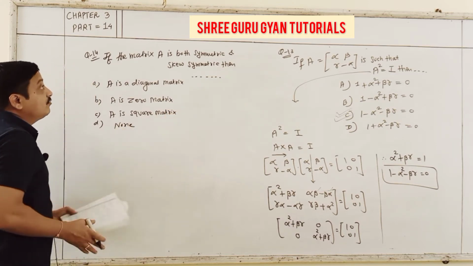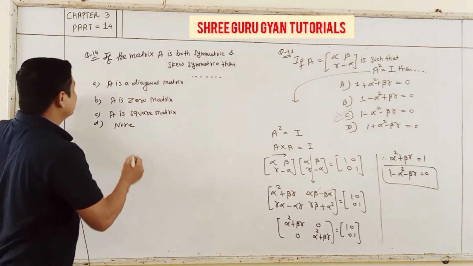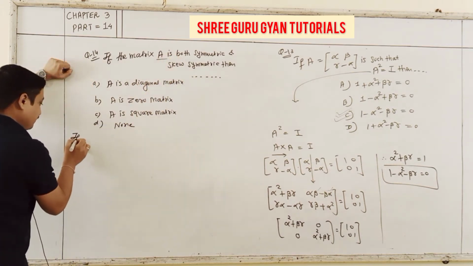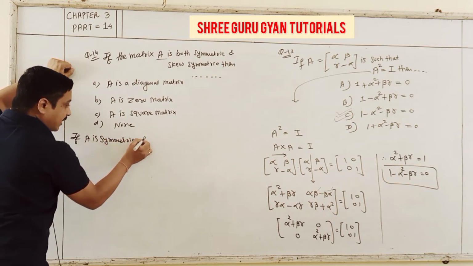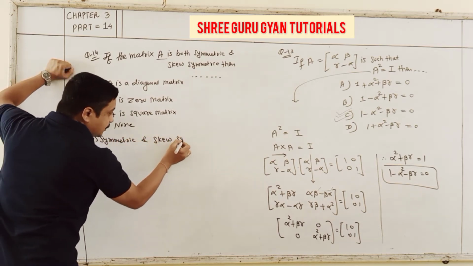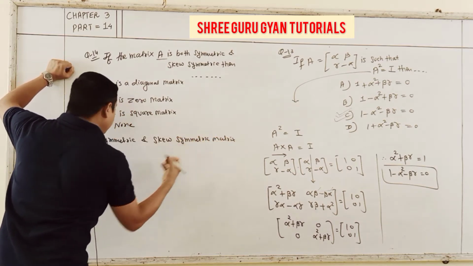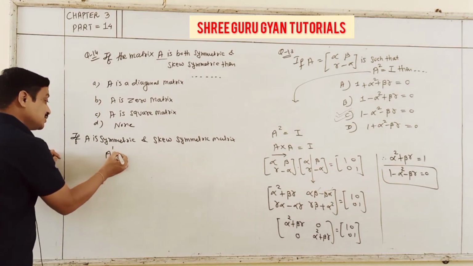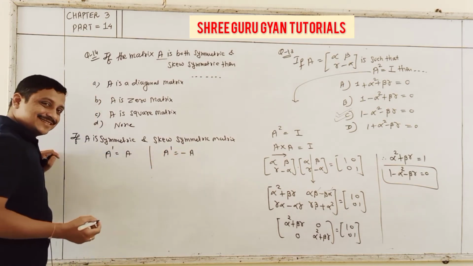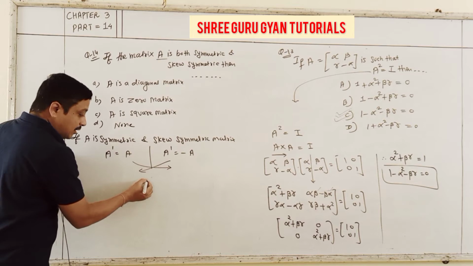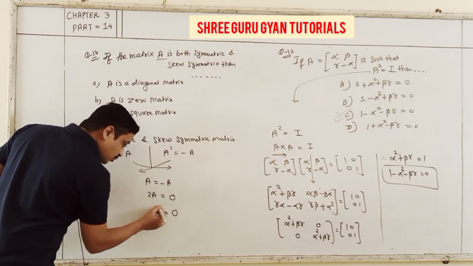So students, here if a matrix is symmetric and skew symmetric, both definitions you know. Yes, if A is a symmetric and skew symmetric matrix, definitely you will compare: if symmetric, the transpose is A, and here the transpose is minus A. Both you compare, A is equal to minus A, 2A is equal to 0, A is equal to the zero matrix.